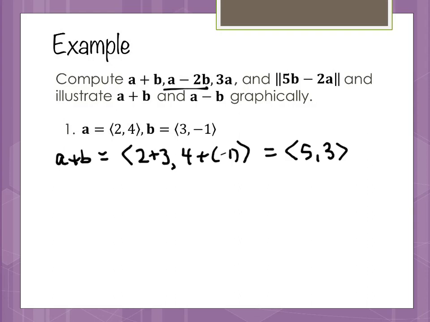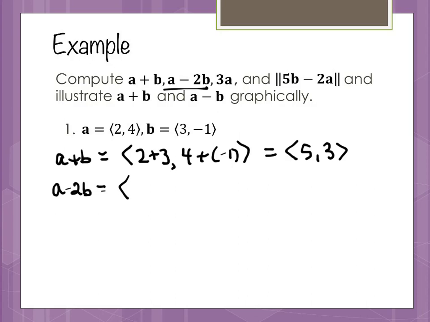So the next one is A minus 2B. So what's that going to do? What am I going to do differently? What do you think, Nidra? Exactly. So everything that's in the B vector, I'm going to double it.